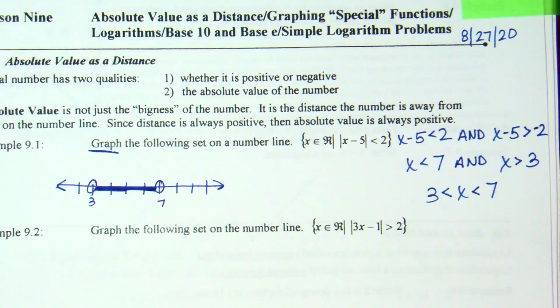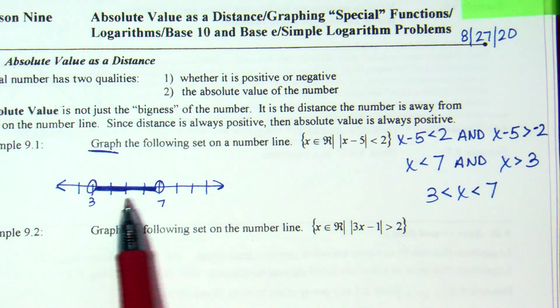Okay. Can you connect this graph to this original problem here of absolute value of x minus 5 less than 2? What's the shortcut connection? Okay.